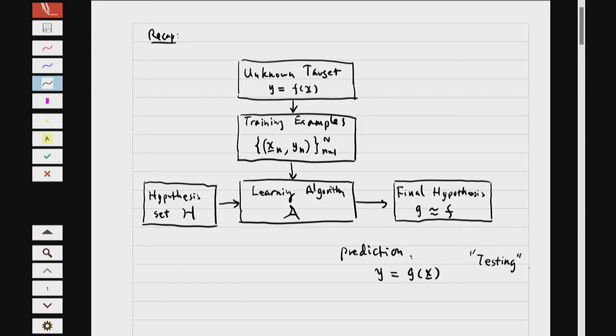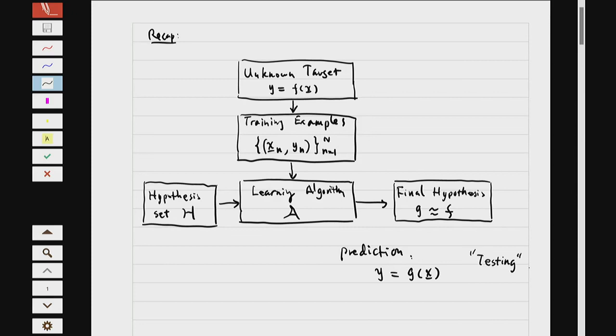This is the job of a learning algorithm. We have the perceptron learning algorithm that we discussed last time, one of the examples. The job of the learning algorithm is to pick a function that is close to f, to predict this f based on the training samples that you have. But you don't just predict this function out of the blue. You have to have a set of candidate functions for this algorithm to choose from.